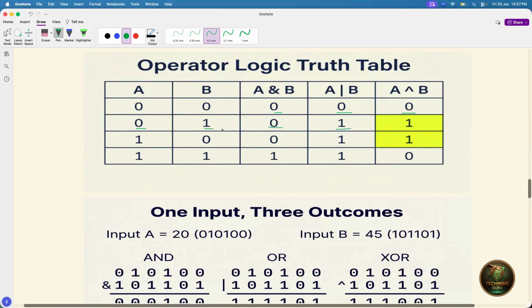And since they are different numbers, A XOR B will give 1. Similarly, we will get the exact same thing for 1 and 0 also. A and B will give 0, A or B will give 1. And since they are different numbers, A XOR B will give 1 only. Lastly, for 1 and 1, A and B will give 1. A or B will also give 1. But since they are the same number, A XOR B will give 0, right?